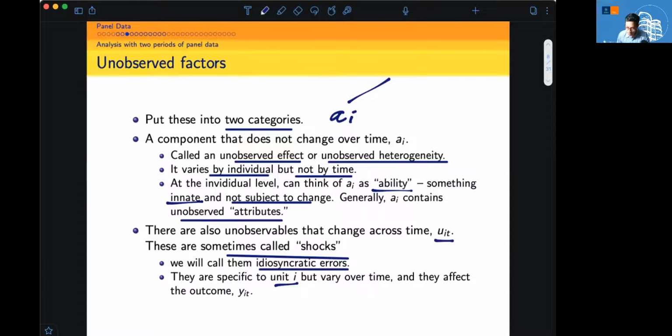Okay, so that's just an illustration, something that we don't necessarily observe in the data, but it could happen and then affect Y. So basically, we have two components. We have unobserved heterogeneity, and we also have the shocks or the idiosyncratic errors. These two unobserved components both affect the outcome of interest, which is Y.